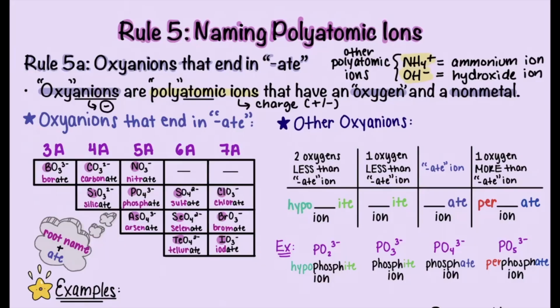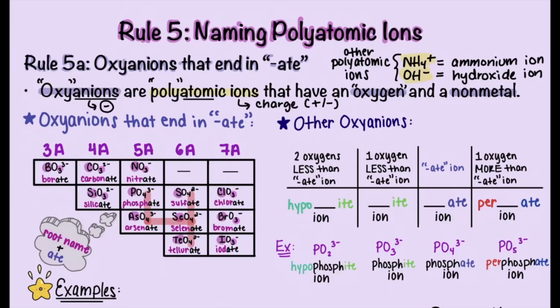And a really great memory hack, especially for my college kids out there stressing to memorize these before a test: everything in the highlighted 4 oxygens group, so phosphate, sulfate, arsenate, selenate, tellurate, these always contain 4 oxygens. And everything else outside of this has 3 oxygens. So that's chlorate, bromate, iodate, nitrate, etc.